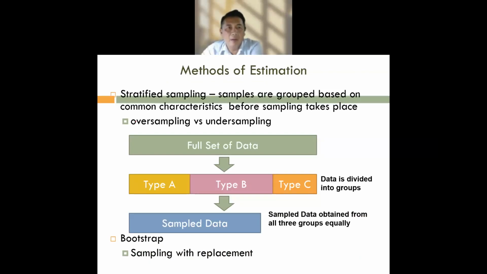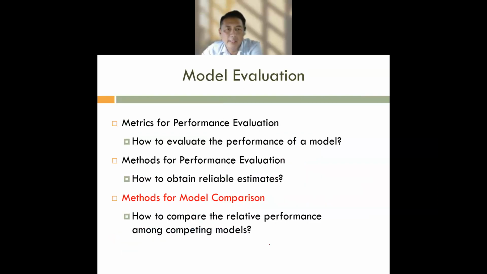We also have stratified sampling, in which we divide the data into classes first, then perform the sampling so that we have an equal number of each type. We do not want an imbalanced dataset. I explained that one already.